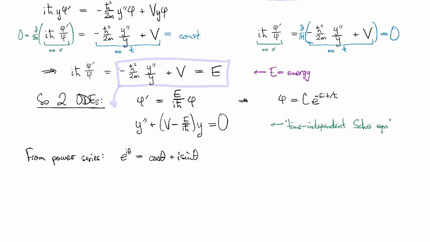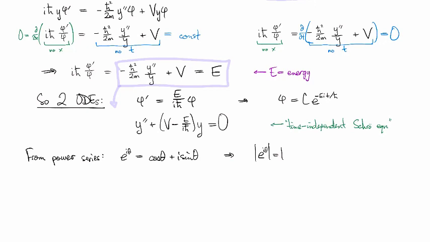So in particular, that tells you that a purely imaginary exponential has magnitude equal to 1, because its magnitude looks like cosine squared theta plus sine squared theta by the Pythagorean theorem.